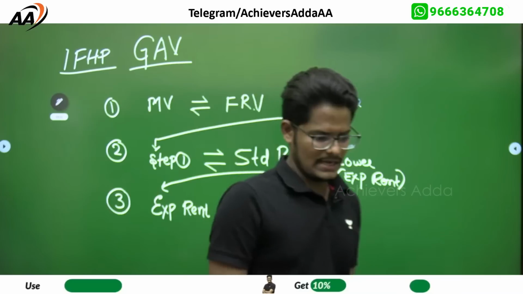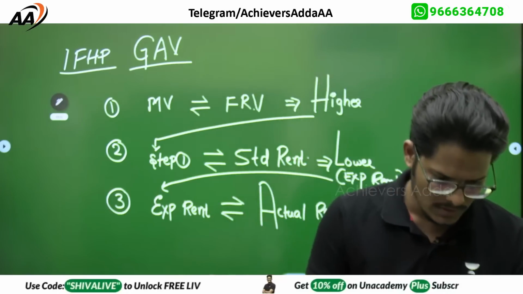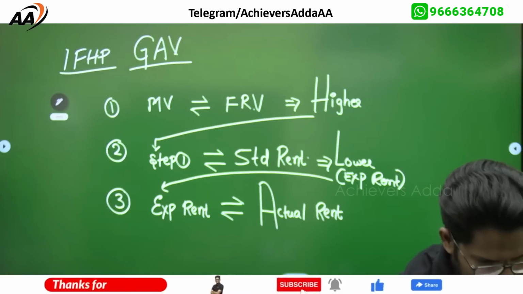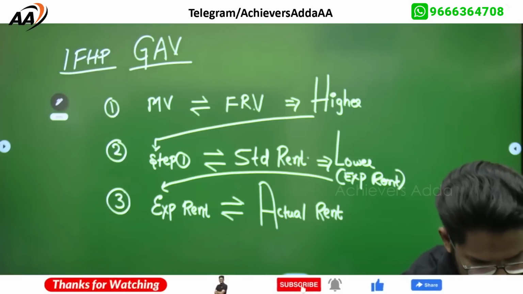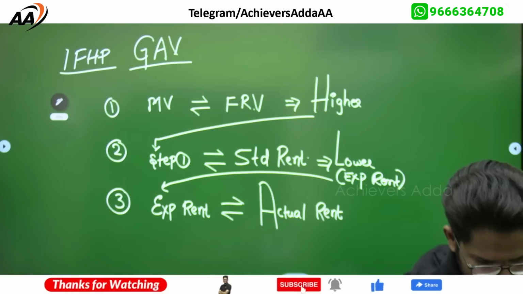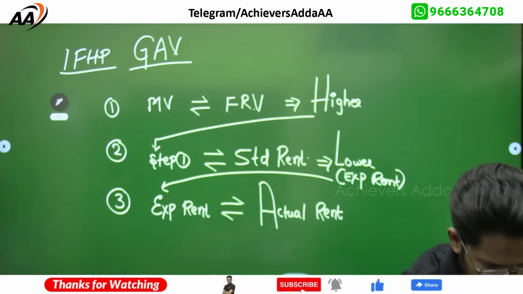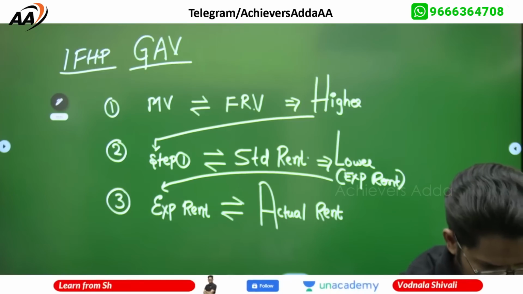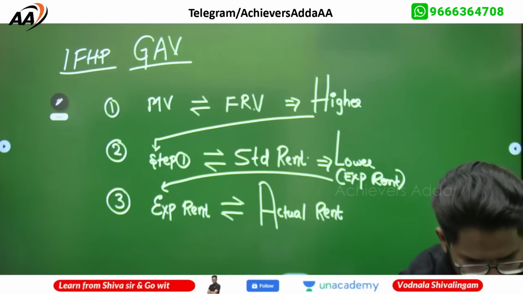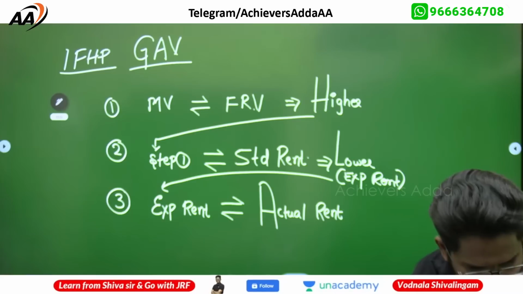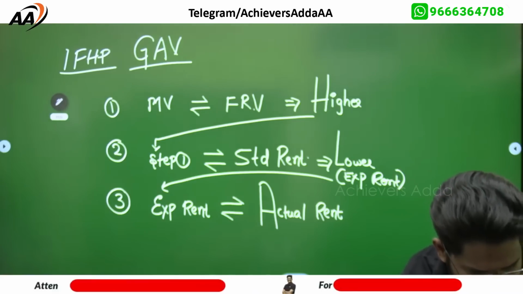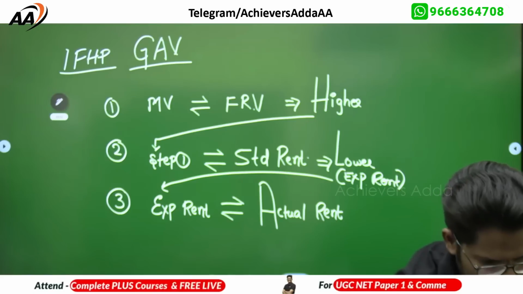Right? Now, while comparing the actual rent, what we need to take care? You must tell one point to me over here. In actual rent, what we need to include and what we should not include.